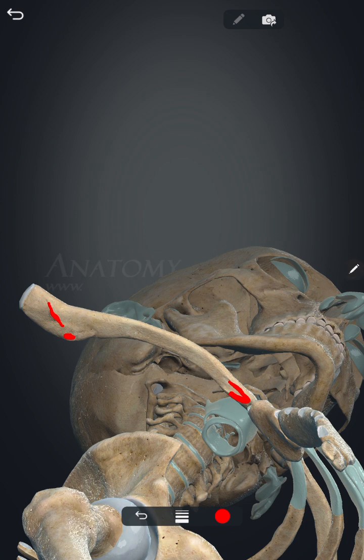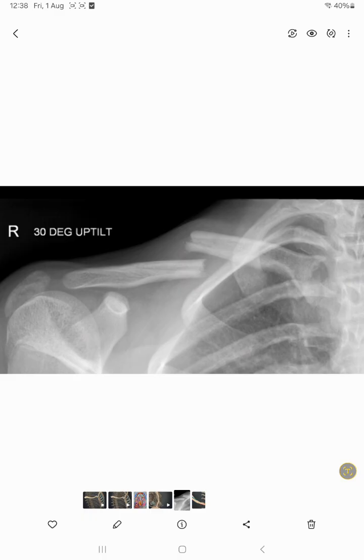And in the groove for the subclavius, we can have the subclavius muscle, while the pectoralis major is also coming on the inferior side and deltoid also coming on the inferior side. These were the features and attachments of the clavicle.